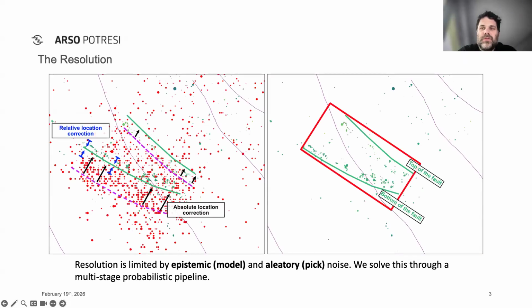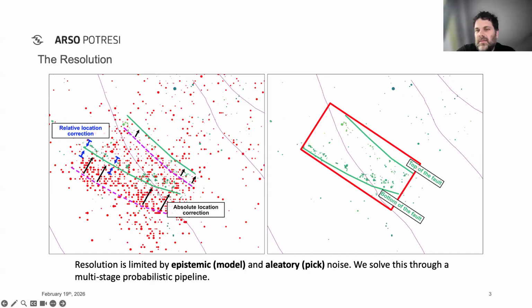So what do we mean by resolution in earthquake location? The resolution is ultimately limited by two categories of errors. On one hand, we have epistemic uncertainty, which comes from our imperfect models. When we are talking about, let's say, the velocity model, it comes from those and from our incomplete knowledge about the region in general.